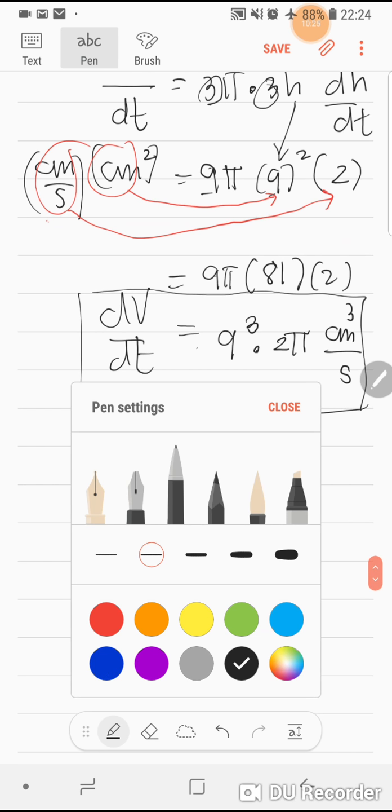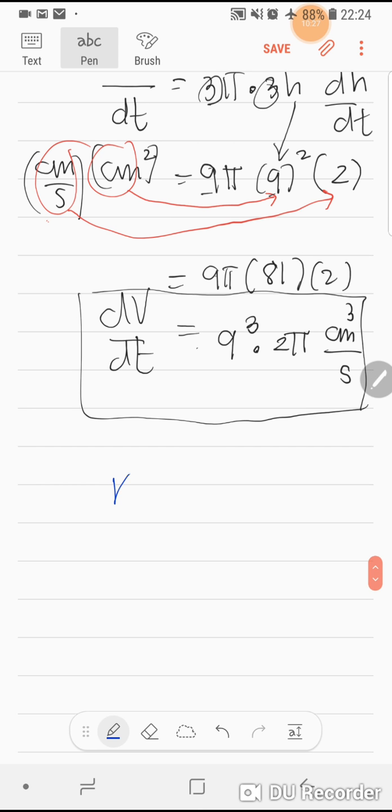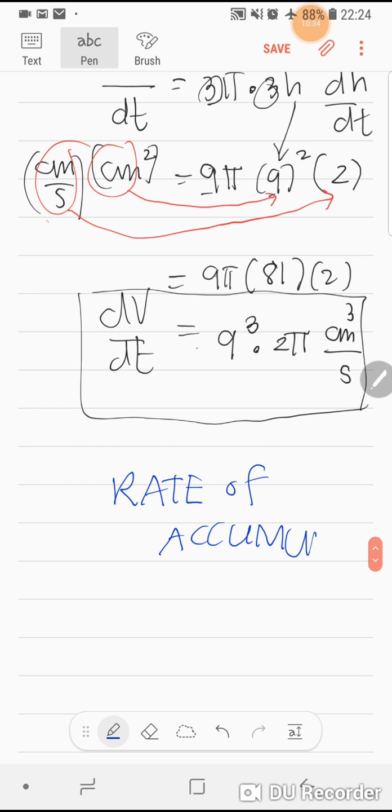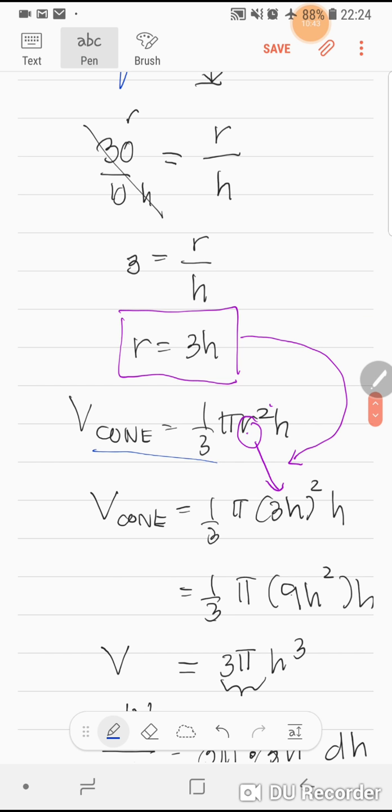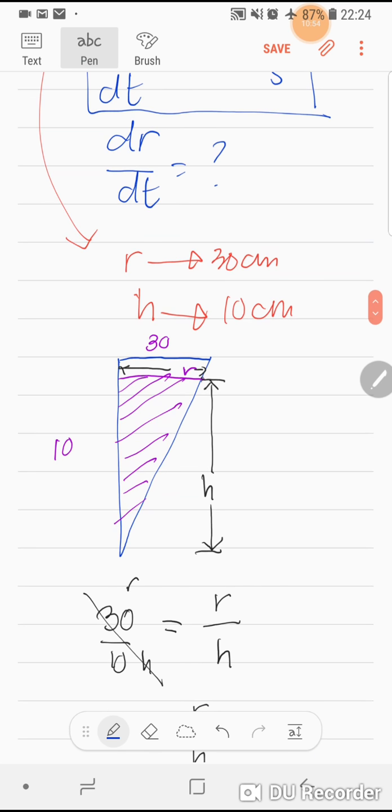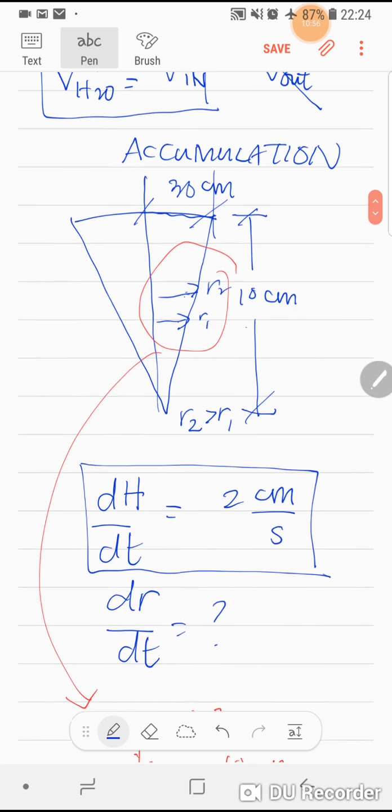Let's put that once again: that's the rate of accumulation for our problem. If you've got questions, we just used this volume here, and we were given the initial value of the height, and then we used this relationship.